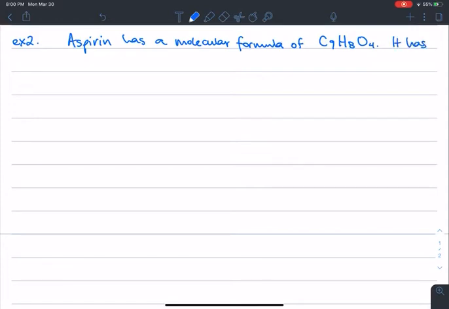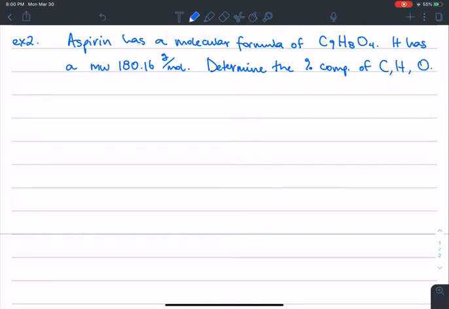It has a molecular weight of 180.16 grams per mole. Determine the percent composition of carbon, hydrogen, and oxygen.